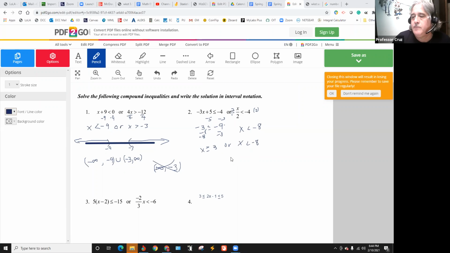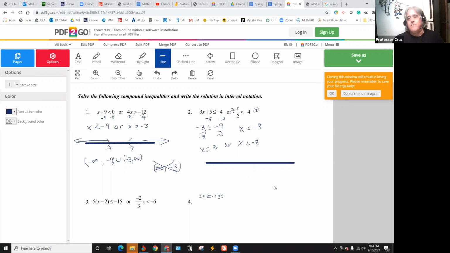Okay, so I think some of them won't all ask you for the graph, but I think they're all going to ask you for the interval notation. Okay, so this is x greater than or equal to 3.